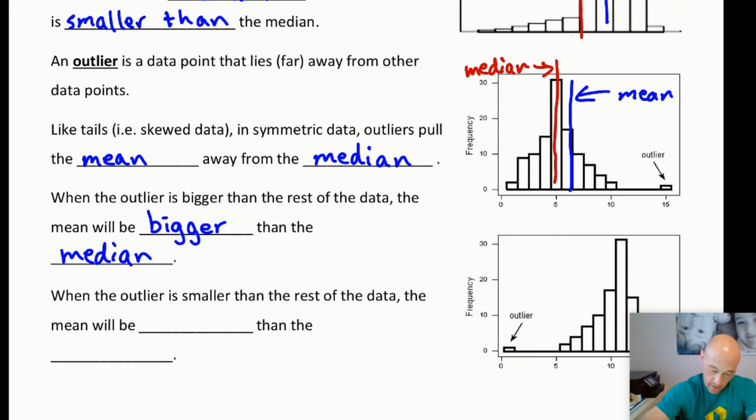When the outlier is smaller than the rest of the data, so here we have our median about right there, the mean will be smaller than the median.